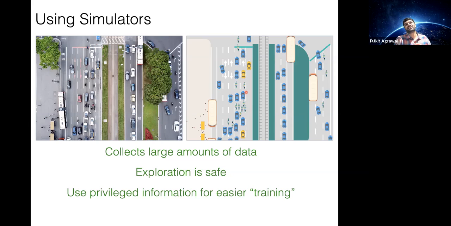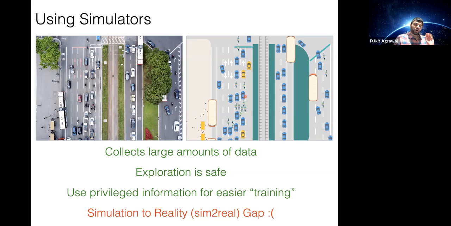Why is it privileged? Because it is not directly available in the real world. It must be inferred from observations. But in simulation, we have direct access to it, right? So that is why it is privileged information. If this does not make sense, give it a couple of slides and it will start making a lot more sense, because we look at privileged information in detail.